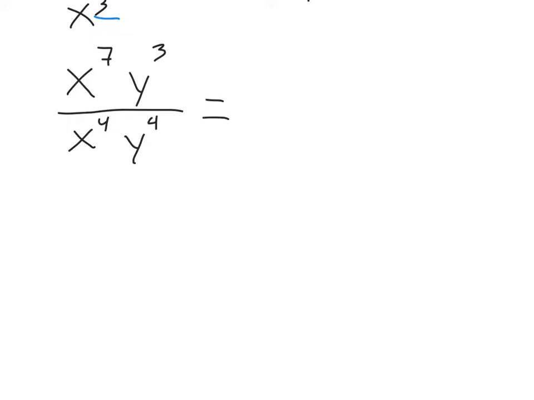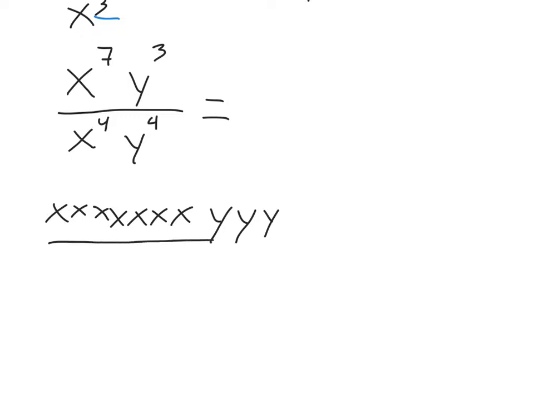So for this one, I'm going to do the battle, as I said. Oh, that's 7 x's. I didn't think about that, but it's okay. 1, 2, 3, 4, 5, 6, 7, and 3 y's. And we can do 4 x's and 4 y's.